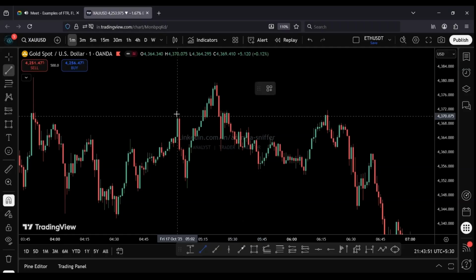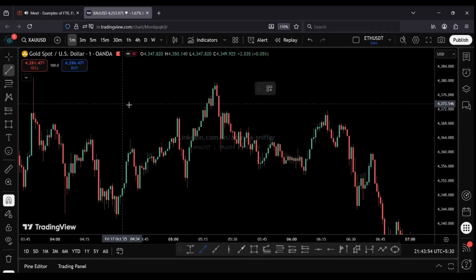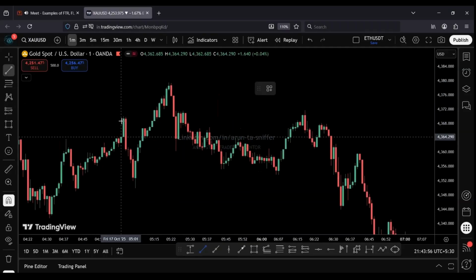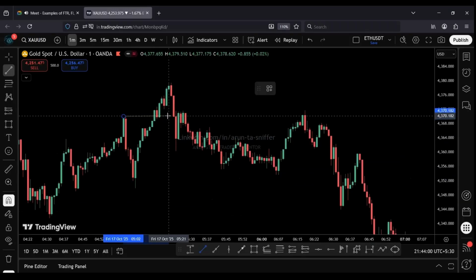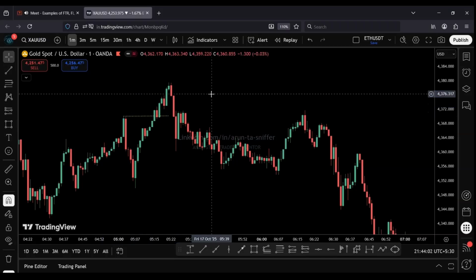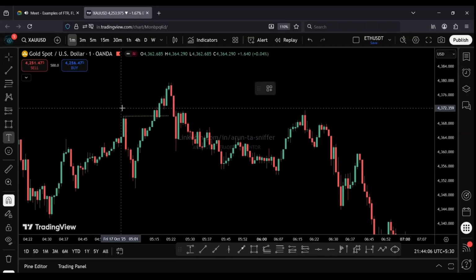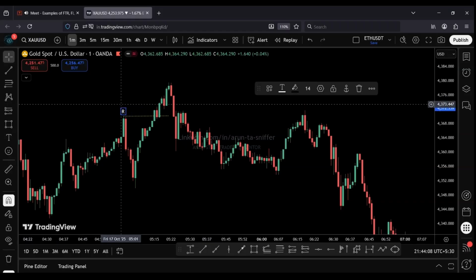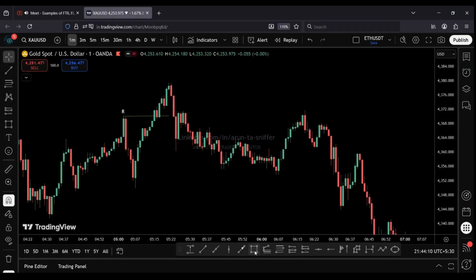This one. Forget anything which is at the left. So look at this. Simple example. Focus here. Here is our resistance. Fine.